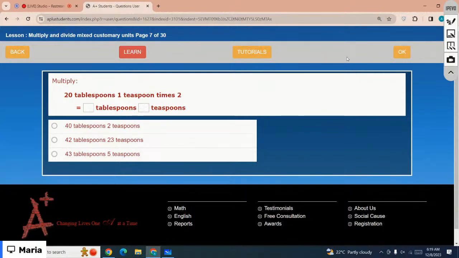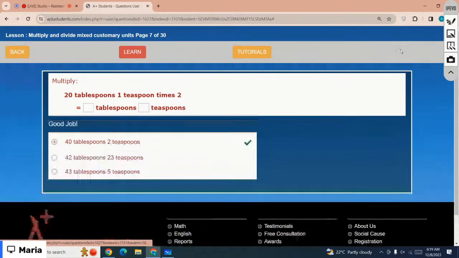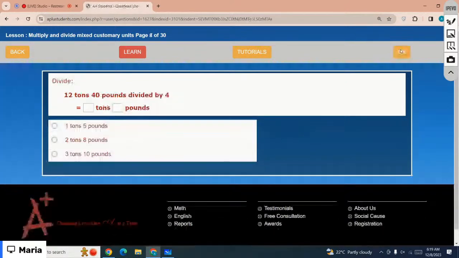That is 40 tablespoons and 2 teaspoons is the correct option, right? You have to simply multiply the numbers by the 2 or 4.